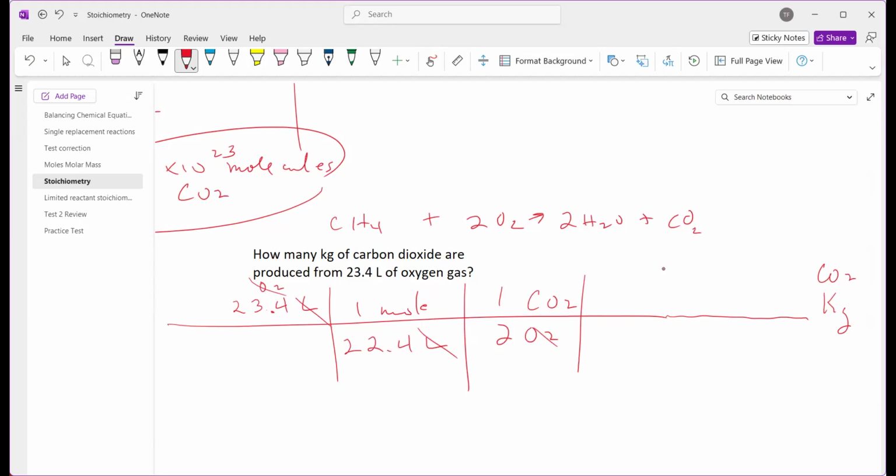So we first have to go to the main unit, which is a gram. So carbon dioxide is 44.01 grams per mole.